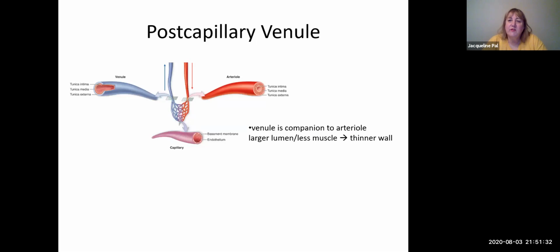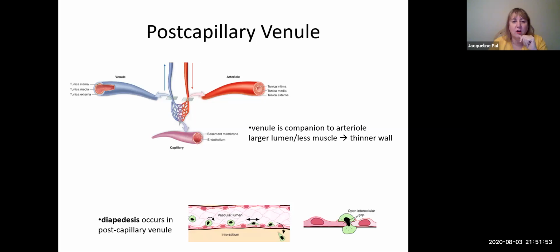So right after the capillary, we're going to have our smallest veins, and these are called venules. And this is the companion to an arteriole, the only difference being there's less muscle in the wall, and its lumen's going to be bigger because there's less muscle in it. And so it's going to look thinner. And this is the blood vessel where diapedesis occurs.